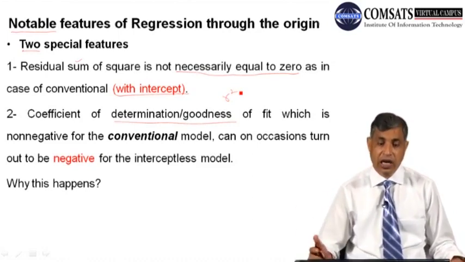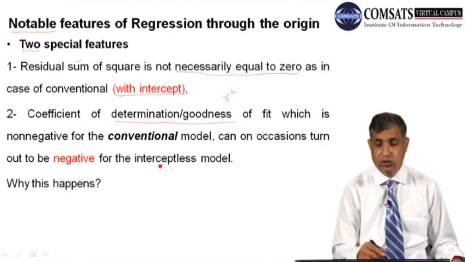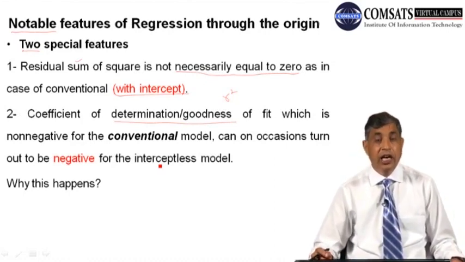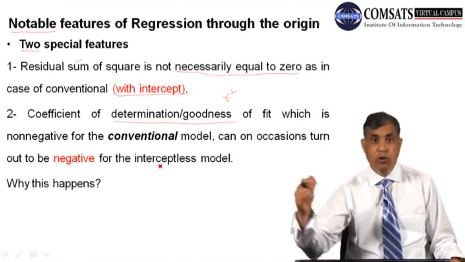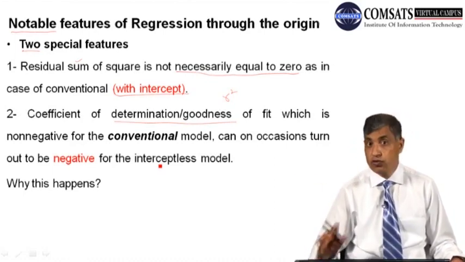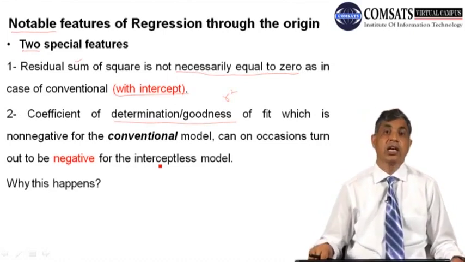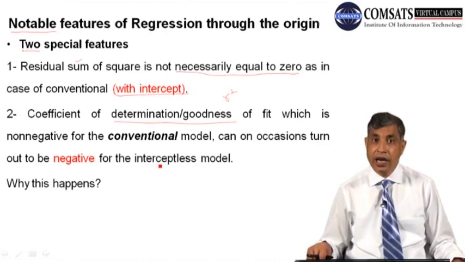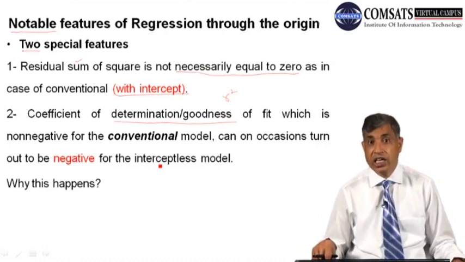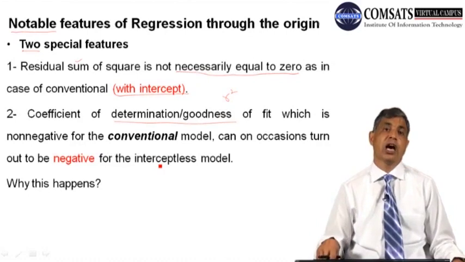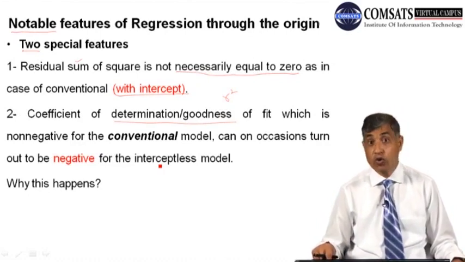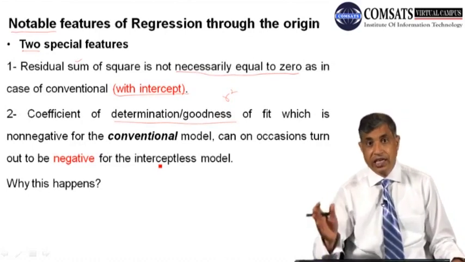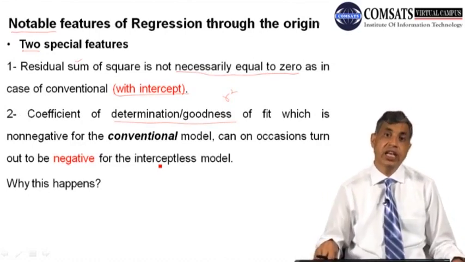R square is also called the measure of goodness of fit. If you remember, one property of the coefficient of determination is that it is a non-negative quantity. But this claim is also refuted here. Keep in mind, it is a non-negative quantity when the regression is with the intercept.